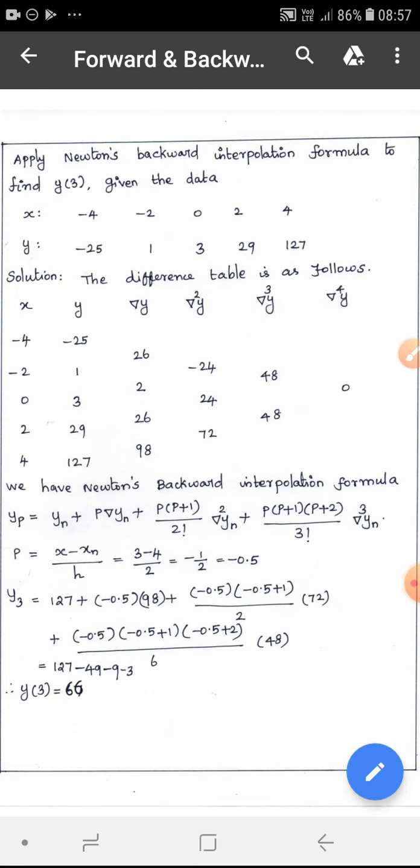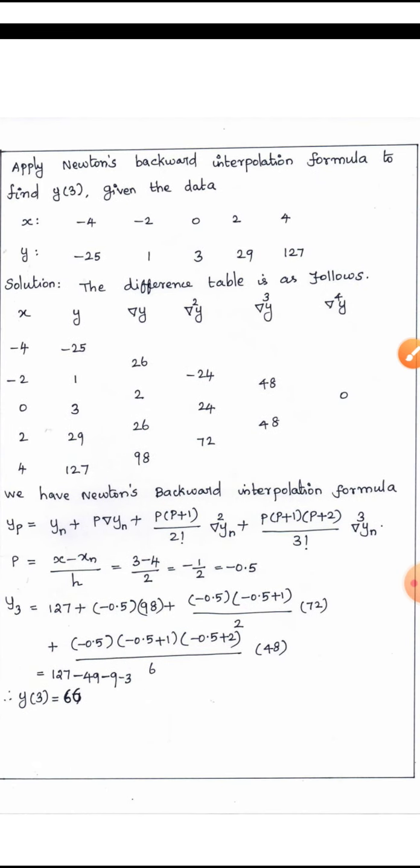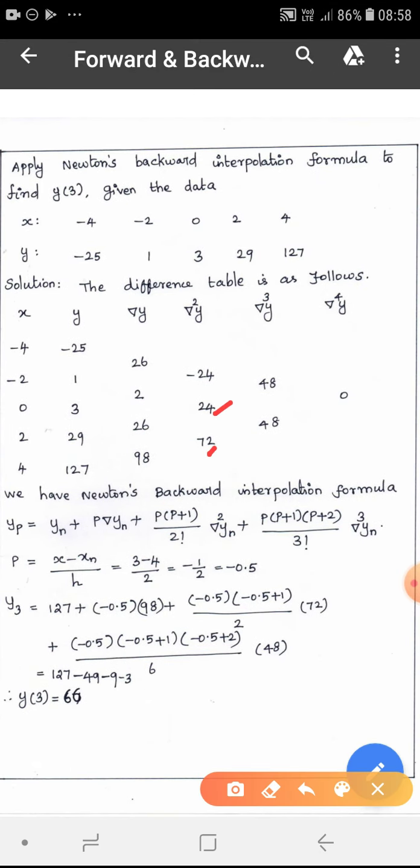Then third order differences or third order backward difference. To calculate the third order backward difference, you see the preceding column, which gives the entries values of second order backward difference. From that, you calculate succeeding value minus preceding value. 24 minus of minus 24, that is plus 24, gives 48. Then 72 minus 24 gives 48.